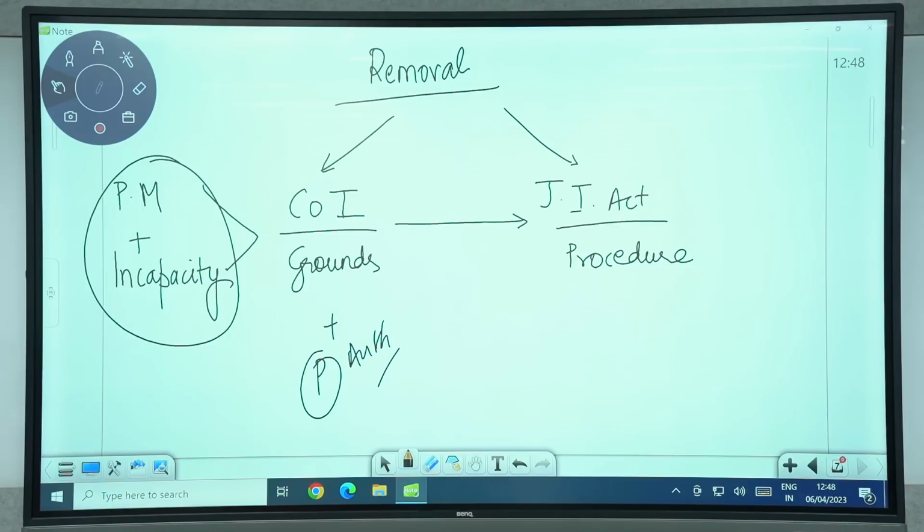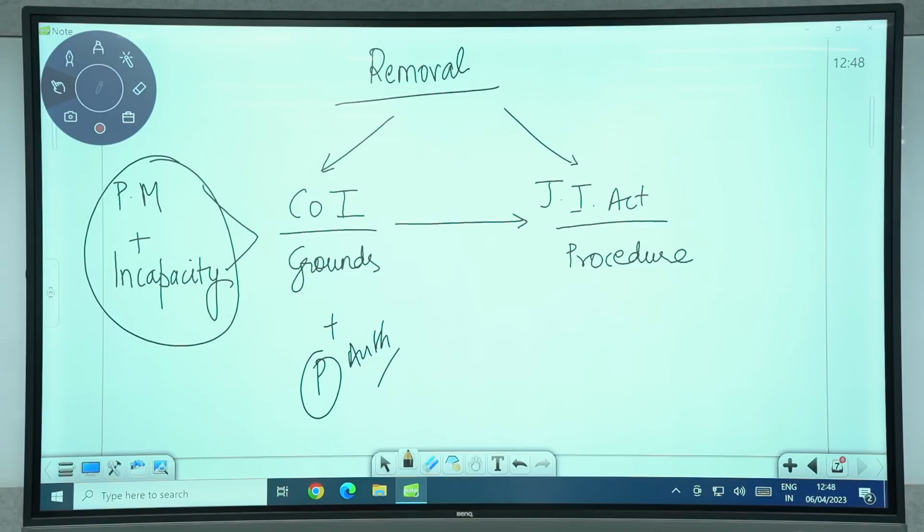Clear on this? Understood? Now, this motion is placed before the presiding officer. The presiding officer has the powers to accept or reject.